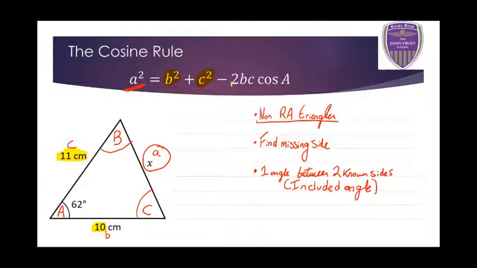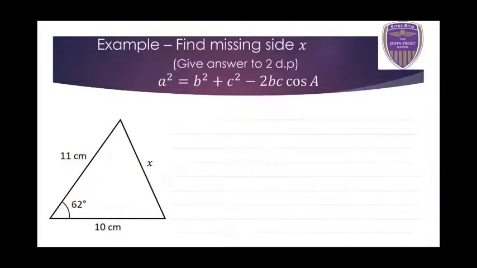And then it's 2 times bc, where b is 10 again and c is 11. And then cos of angle A, which is the angle we're given. So we can get rid of angles B and C. This shows us that we have everything in this triangle that we need to use the cosine rule to answer this question. So let's jump right in and have a go at answering some questions.